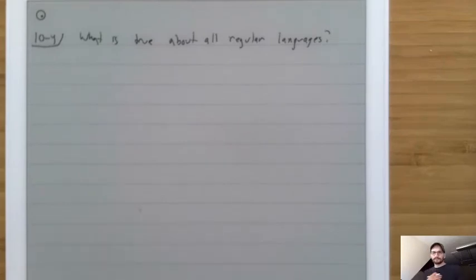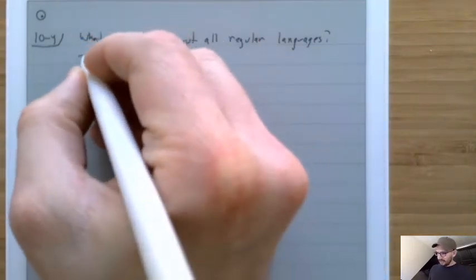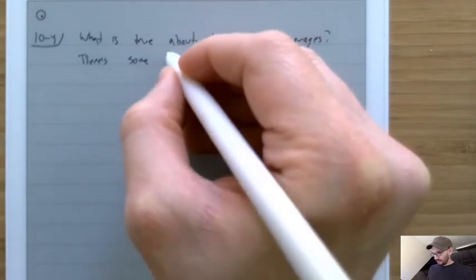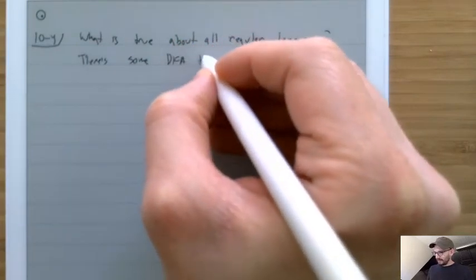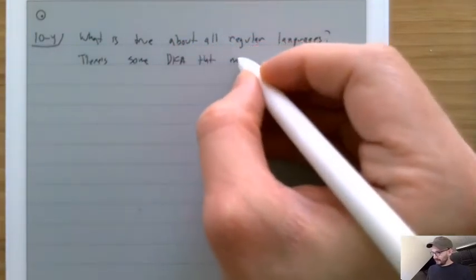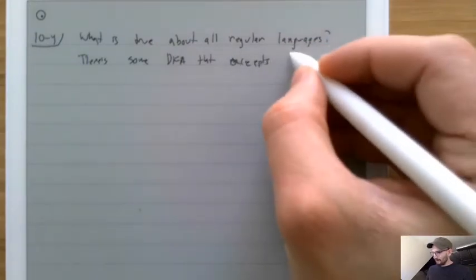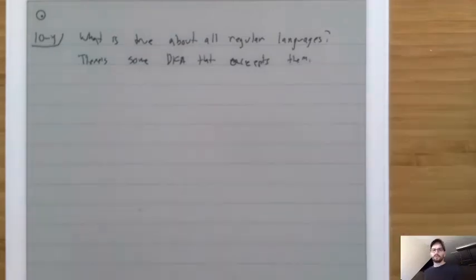So one thing that we know is true about all regular languages is that there's some DFA that accepts them. That's kind of what it means to be a regular language.